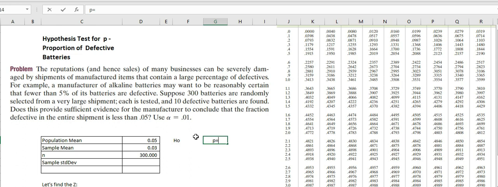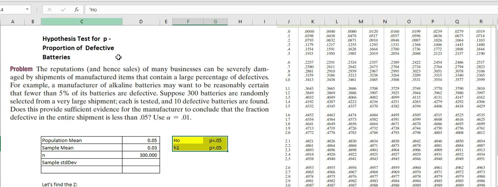The null hypothesis is P equals 0.05, and the alternative hypothesis is P is lesser than 0.05.